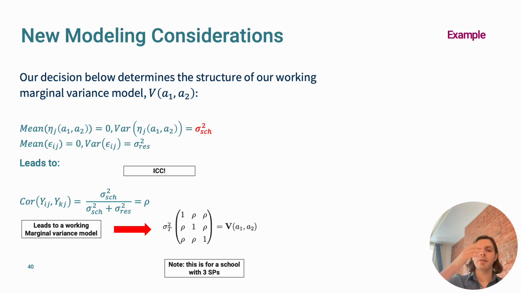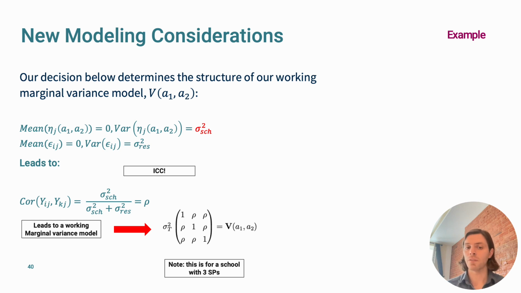So this exchangeable matrix has 1 across the diagonal, and then rho, our ICC, in the off diagonals. What is that saying? Well, if you look at the second row in the first column, that rho is the correlation between school professional 1 and 2.